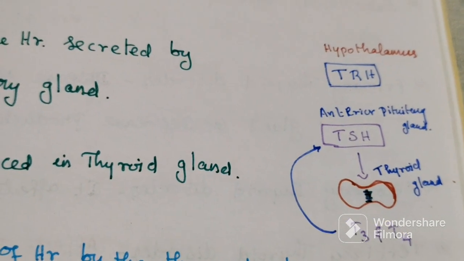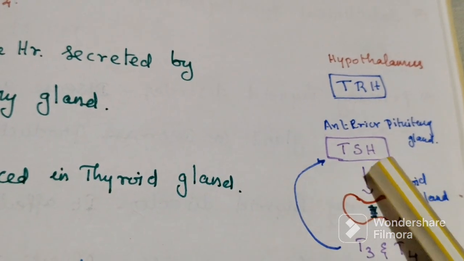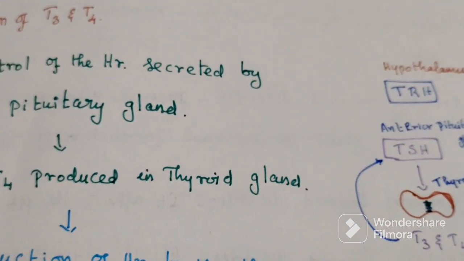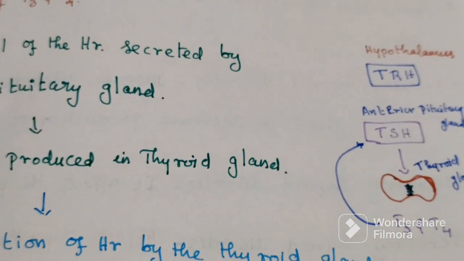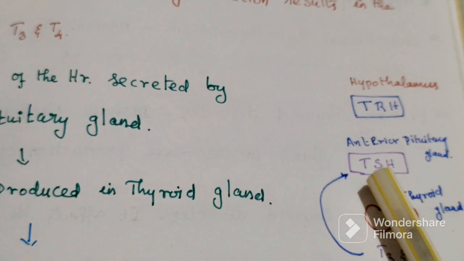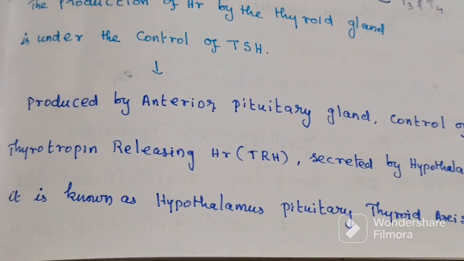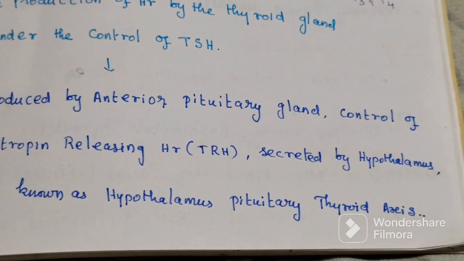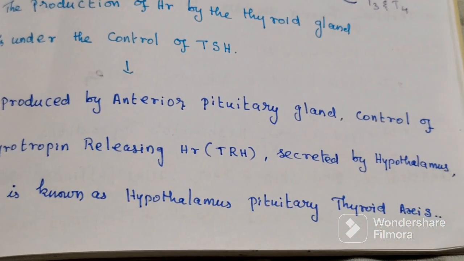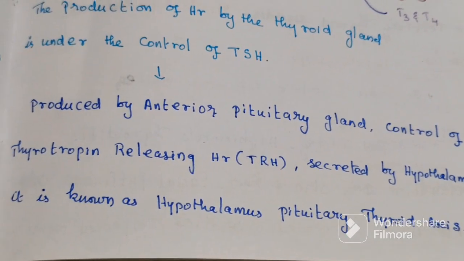The production of hormones by the thyroid gland is under the control of TSH, thyroid stimulating hormone, which is produced by the anterior pituitary gland, which is controlled by thyrotropin releasing hormone, secreted by the hypothalamus.